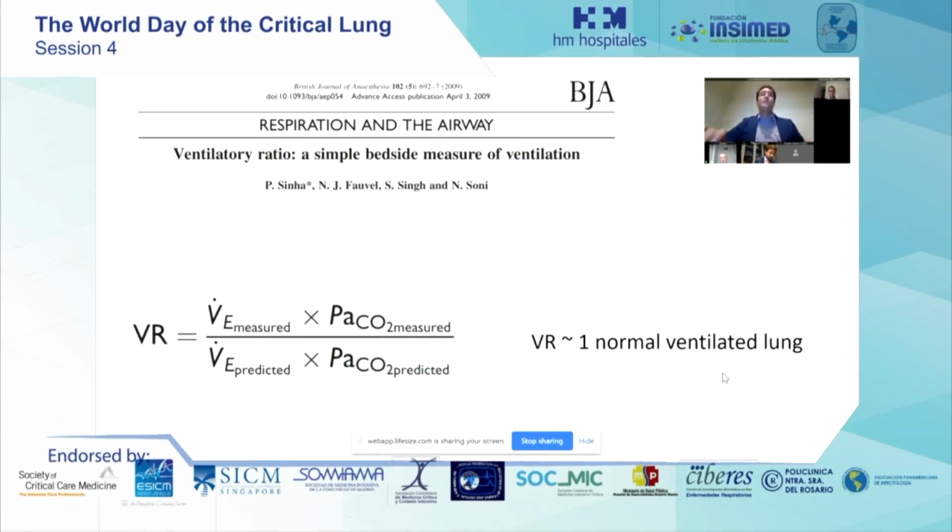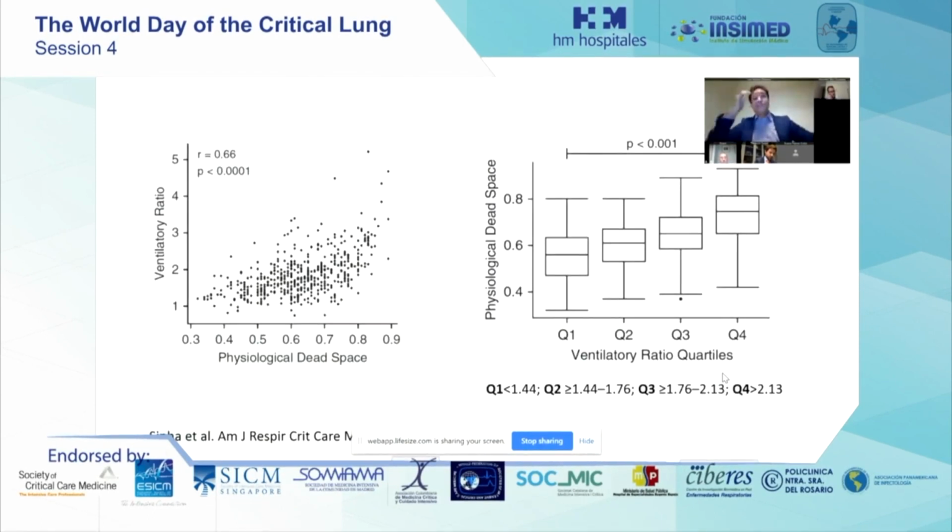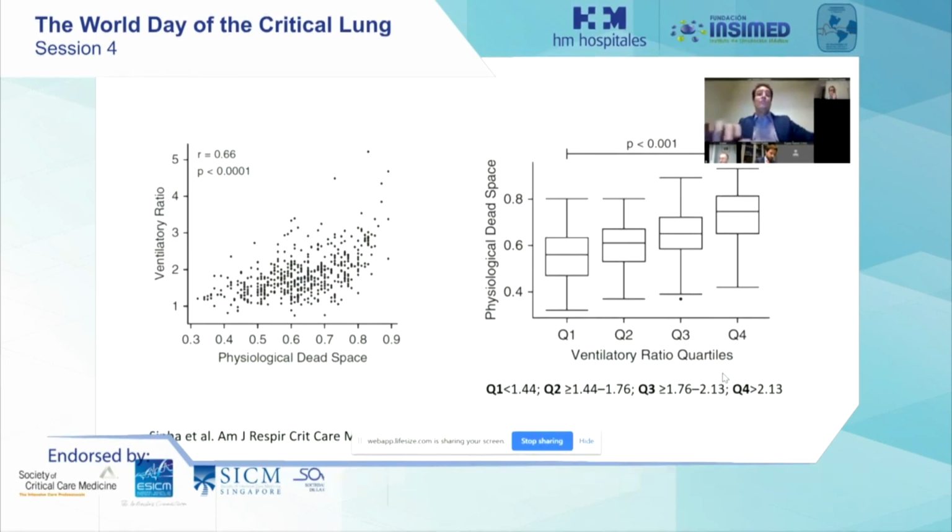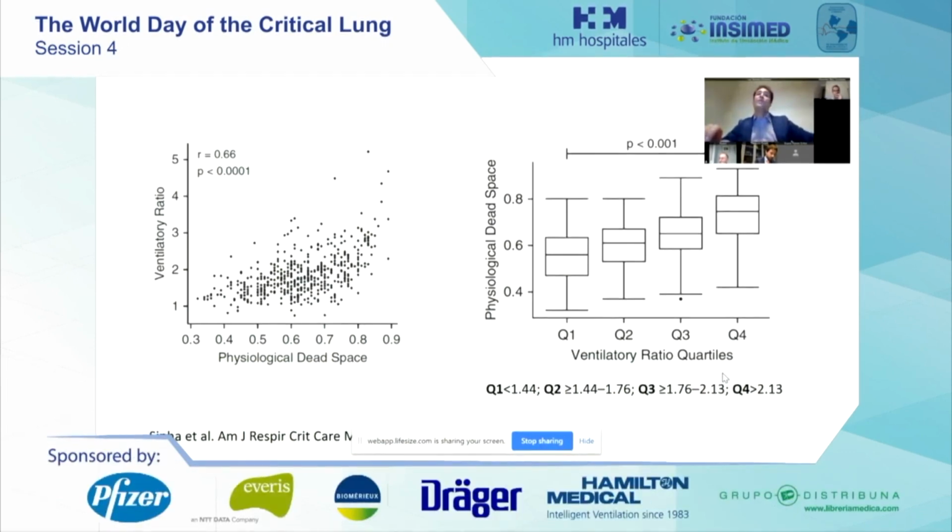The same authors recently assessed the ventilatory ratio against physiological dead space, and they observed, as you can see here on the left side of the slide, that it was positively correlated with physiological dead space.